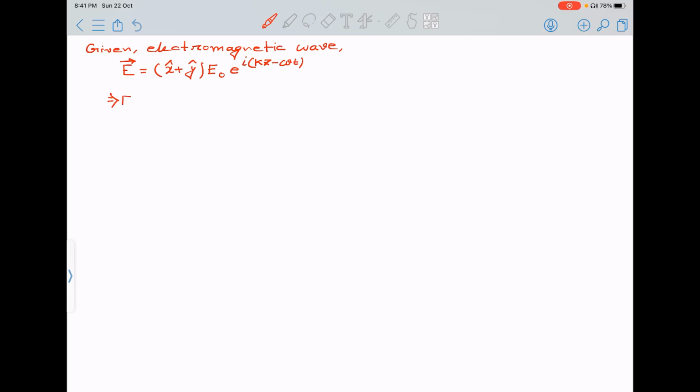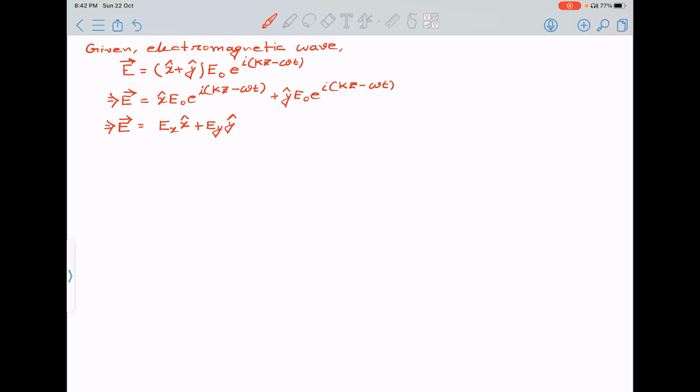We can rewrite this as x cap E naught e power i(kz minus omega t) plus y cap E naught exponential i(kz minus omega t), and this can again be written as E equals Ex x cap plus Ey y cap. So we have written it in the component form.